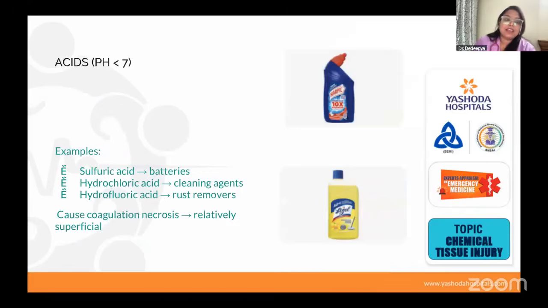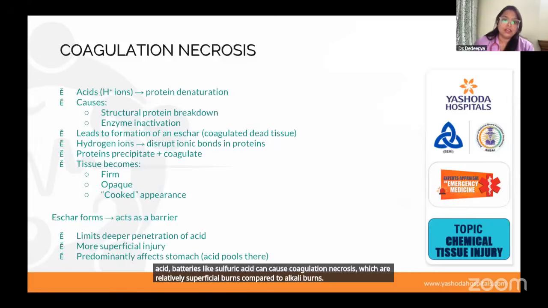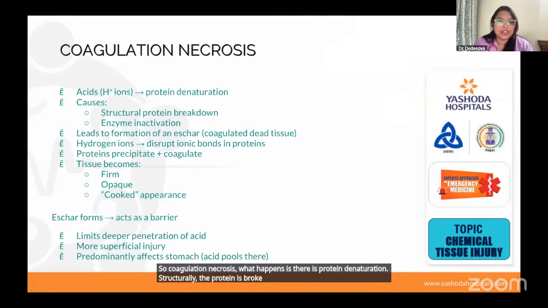Coming to acids, acids are always pH less than 7. Common household items like cleaning agents such as hydrochloric acid, rust removers like hydrofluoric acid, and batteries like sulfuric acid can cause coagulation necrosis, which are relatively superficial burns compared to alkali burns. In coagulation necrosis, there is protein denaturation. Structurally, the protein is broken down with enzyme inactivation.